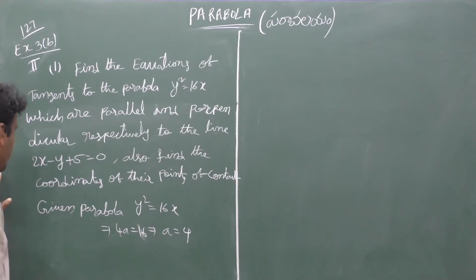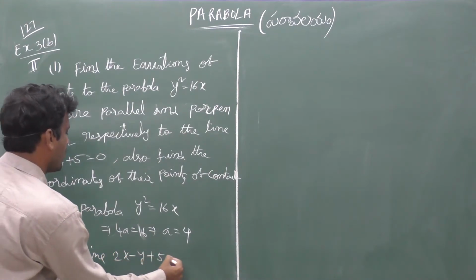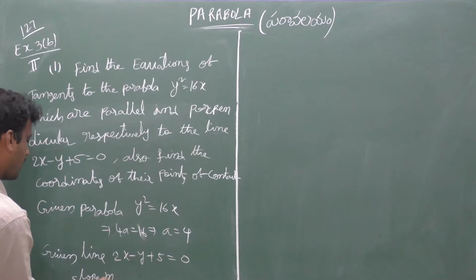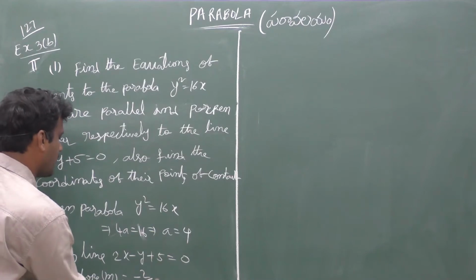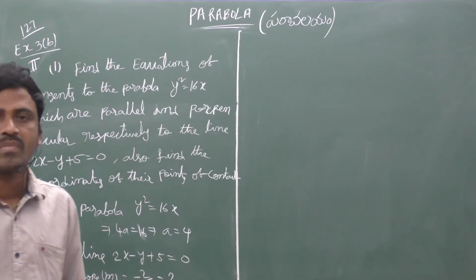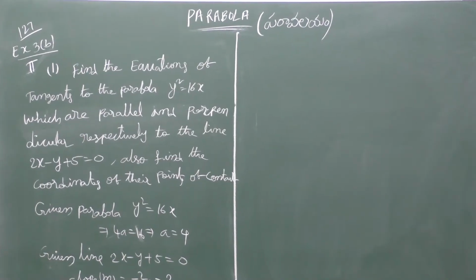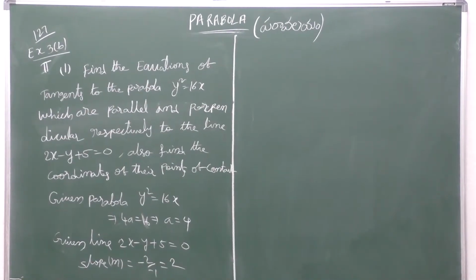Next, the given line 2x − y + 5 = 0 has slope m = −a/b = −2/(−1), that is 2. So the slope m = 2.